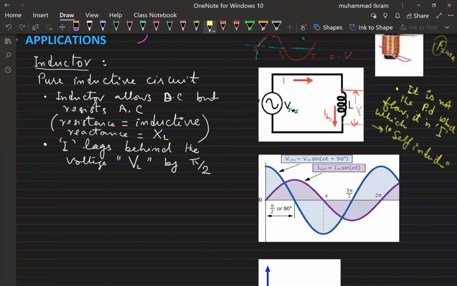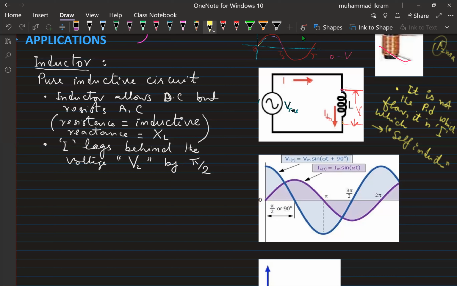Why? Because this induced current is in a direction opposite to the source current, right? And it resists the source current. It is just like the role of mass as an inertia to resist motion. In the same way, this happens here.